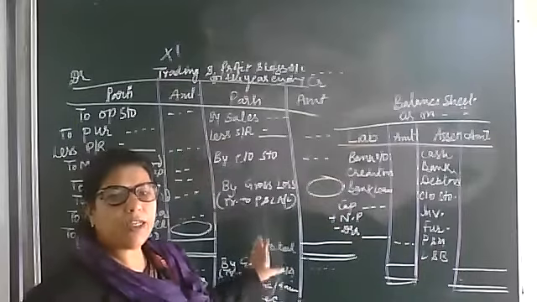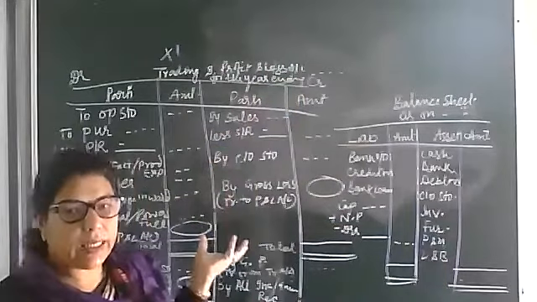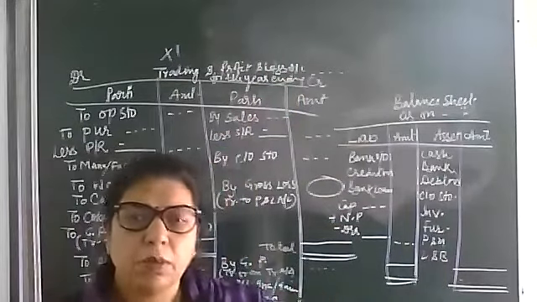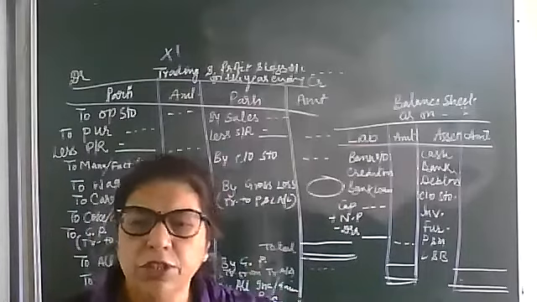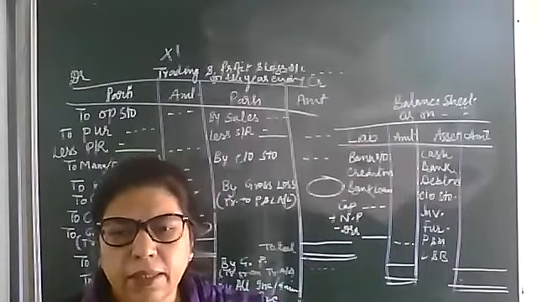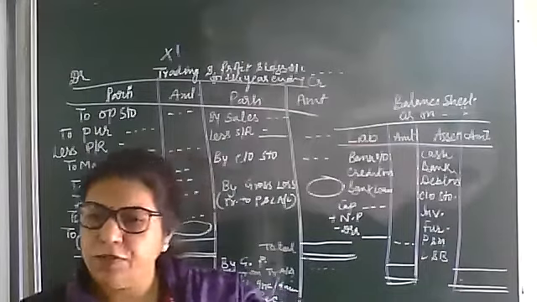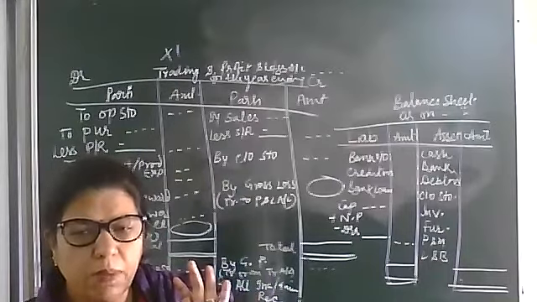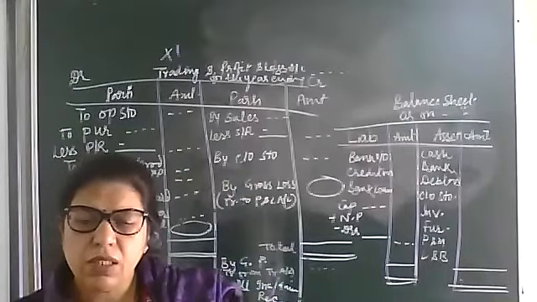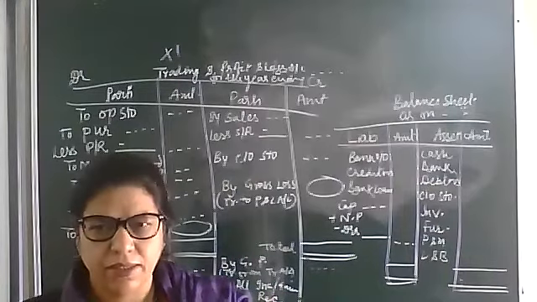Because trading and P&L are in the format of account, like ledger, debit and credit. But balance sheet is a statement prepared at the end of the financial year on the specific date. That's why to and by are not entered in the balance sheet, because this is a statement. That's why debit and credit also are not to be written.